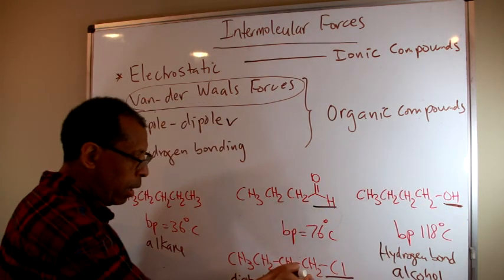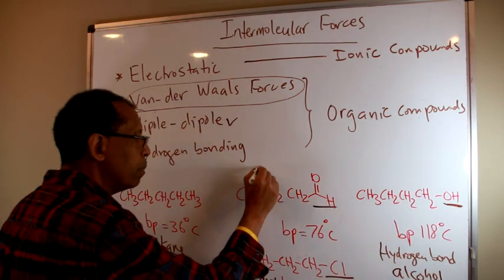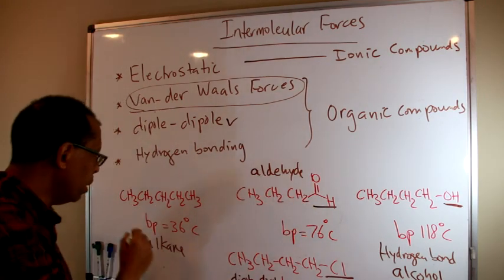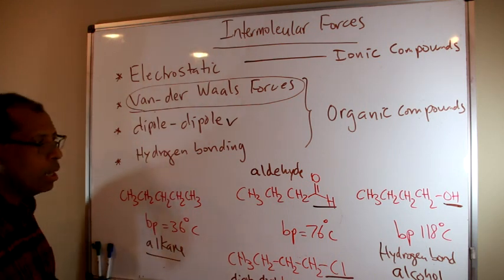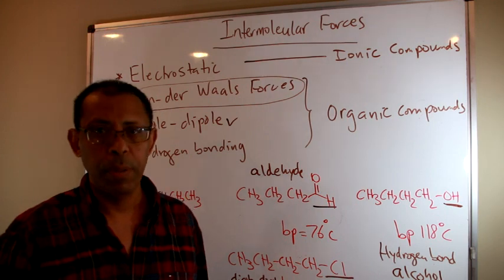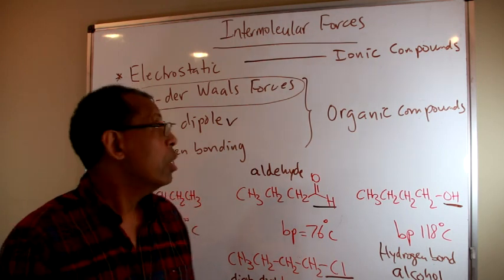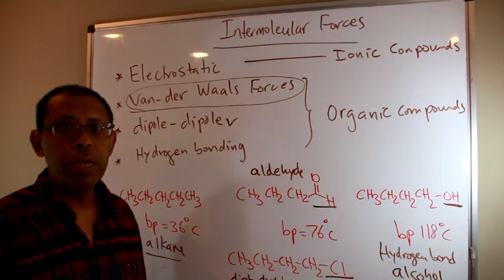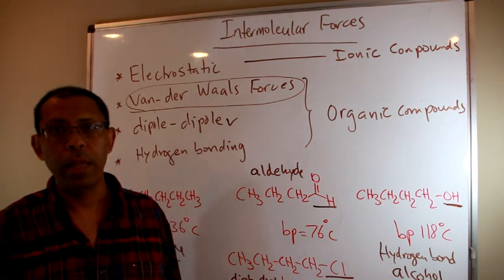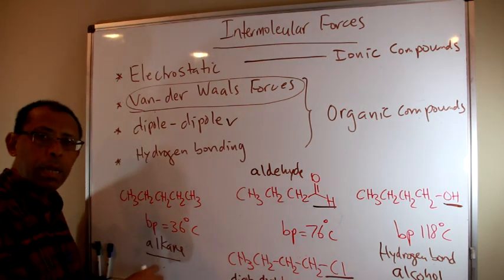Here is an alkyl halide, here you have an alcohol, here you have an aldehyde, and here is a straight chain alkane. So different functional groups have different kinds of intermolecular forces. In the next section, I'll show you how each one displays its intermolecular forces, so that the molecule boils at a higher temperature, or boils at a very low temperature as in alkanes.